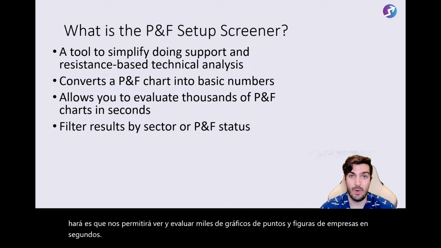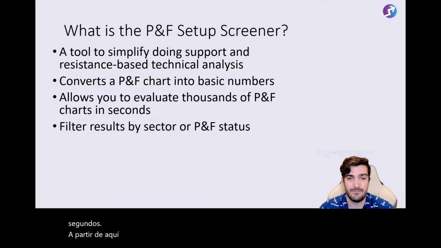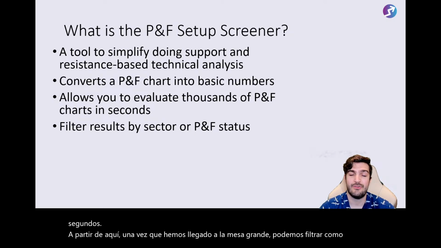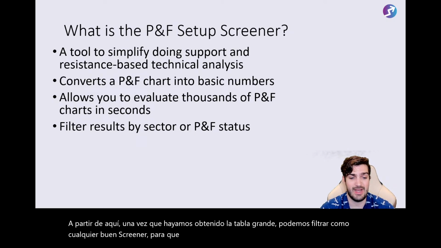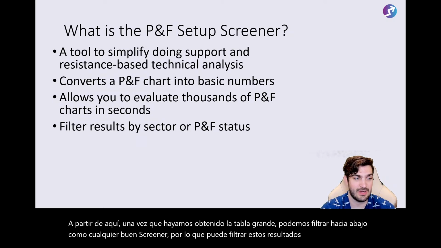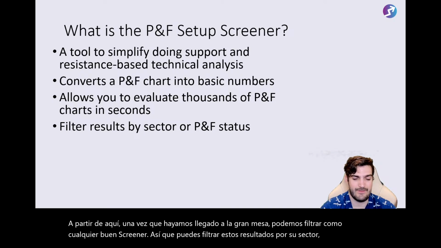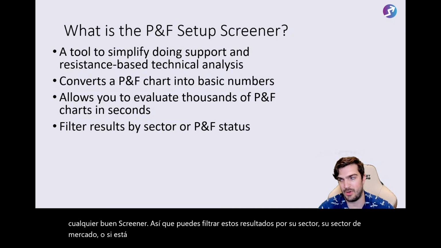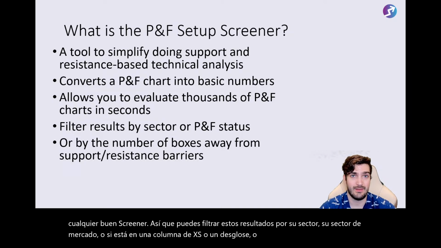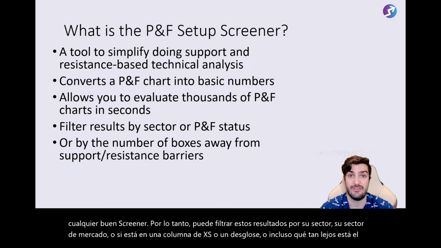From here, once we've gotten the big table, we can filter down just like any good screener can. So you can filter these results by its sector, its market sector, or if it's in a column of X's or a breakdown, or even how far away the current price is from a support or a resistance barrier.